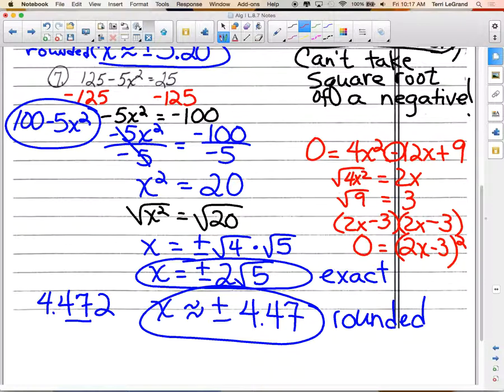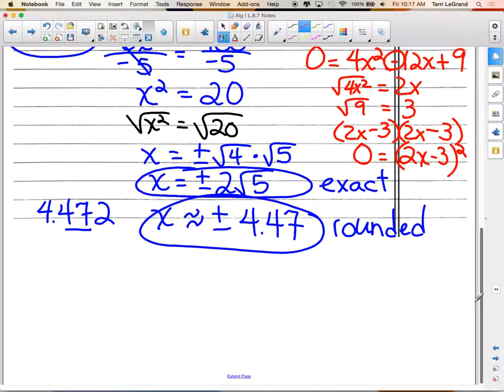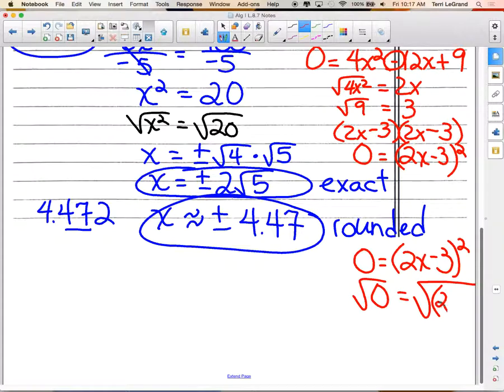So if I am going to use the square root method on 0 equals 2x minus 3 squared, I would take the square root of 0 and the square root of 2x minus 3 squared. What's the square root of 0? 0. What's this, positive or negative?